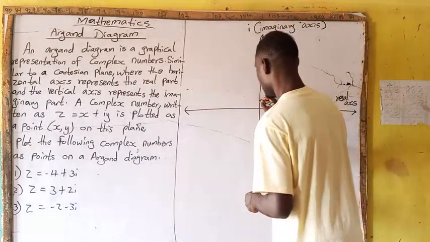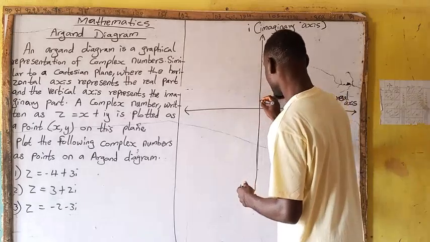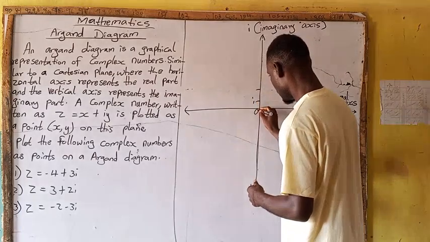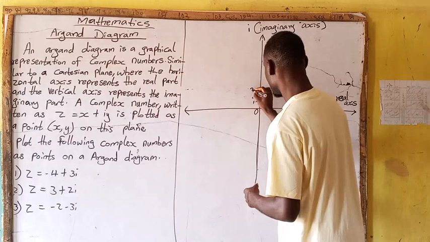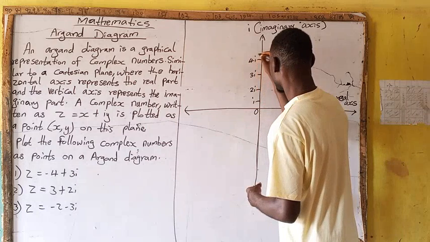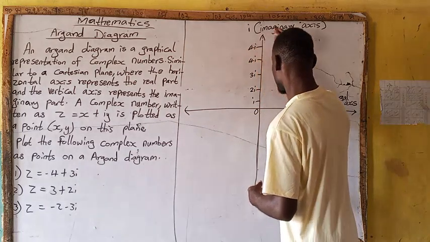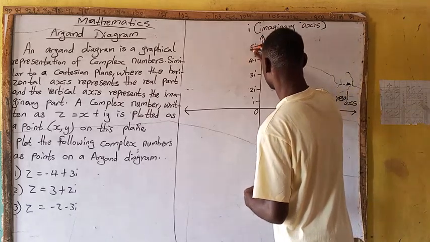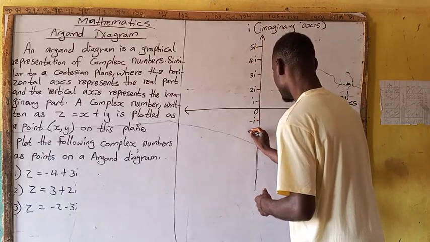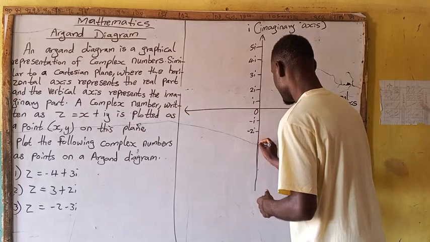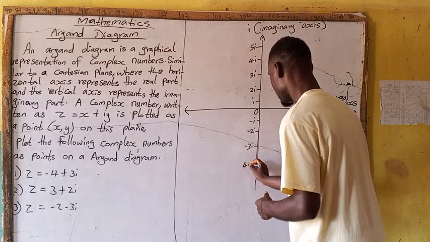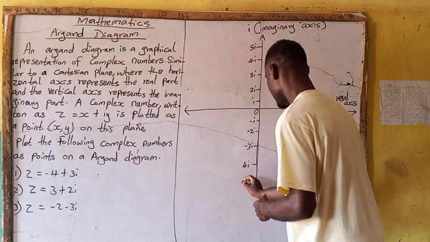Let's take this as i, this is the origin, this is 1i, this is 2i, this is 3i, this is 4i, this is 5i, and so forth. Going further down, we have negative i, negative 2i, negative 3i, negative 4i, negative 5i.